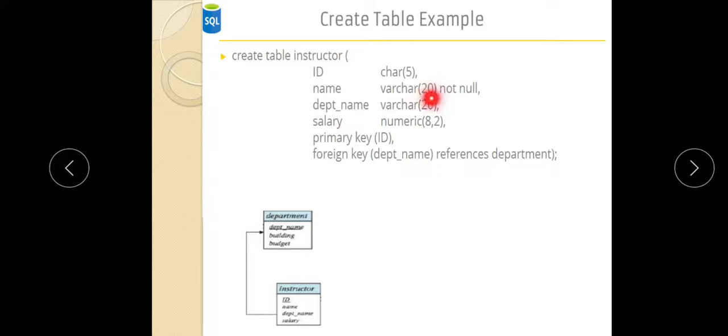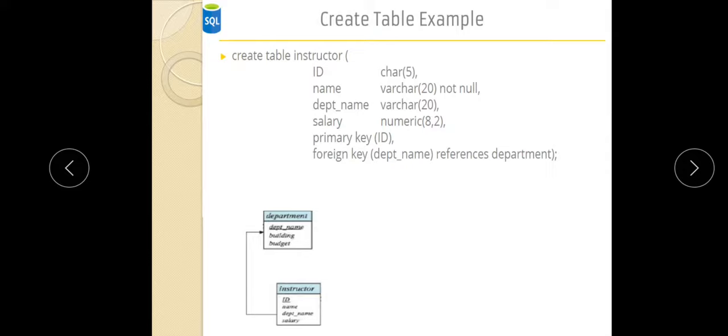So I give a space, varchar of 20, space, not null. The constraint for the name is over. So comma, next department name is varchar of 20. Now salary is numeric; salary can be integer, numeric or floating, anything.